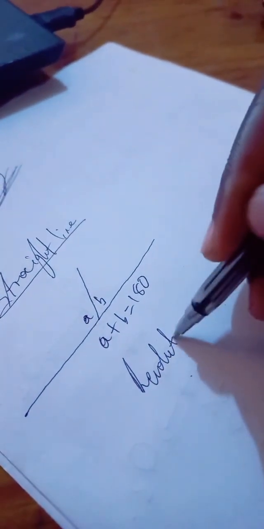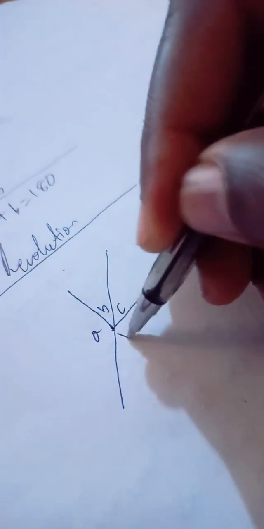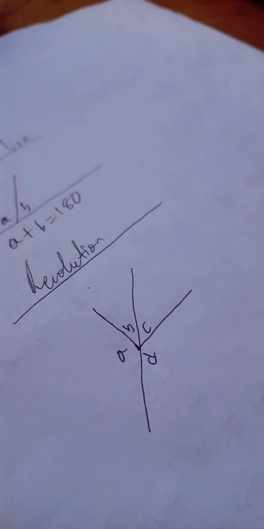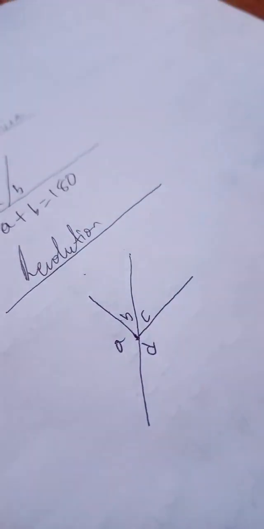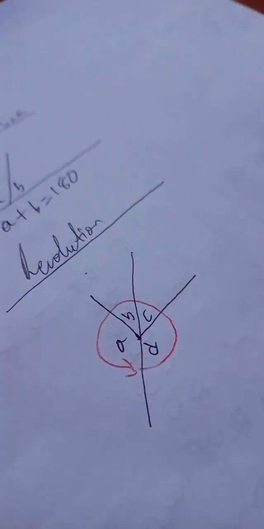We have a revolution. Right? So we have A, B, C, D. We must note that this comes back here.